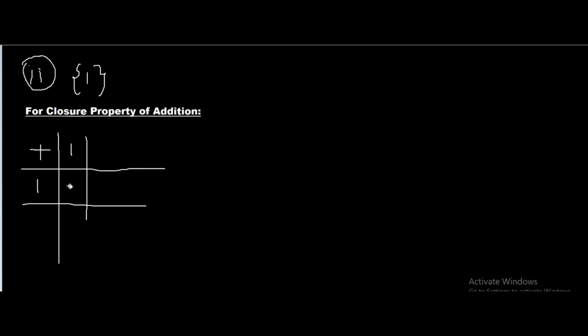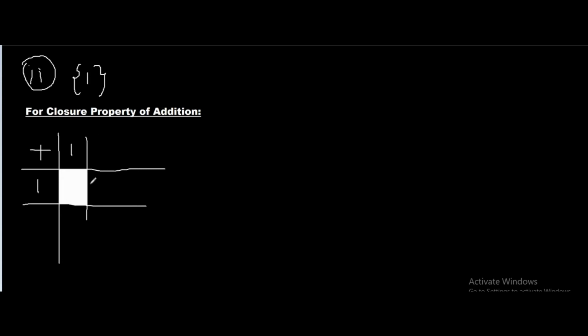This box, which I'm now showing in white, is related to the output of these entries. These entries will be added with each other, because this is the plus sign. So after addition, you will write the result.